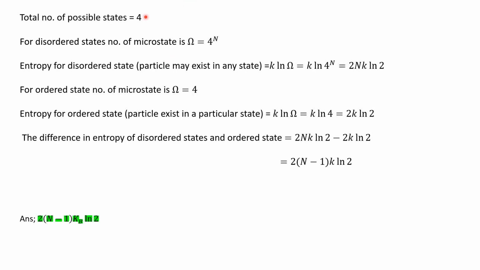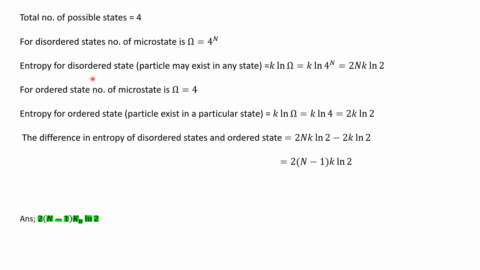So let's see. In the question it has been given that the total number of possible states is 4. For the disordered state, the number of microstates will be omega, that is equal to 4 to the power n.